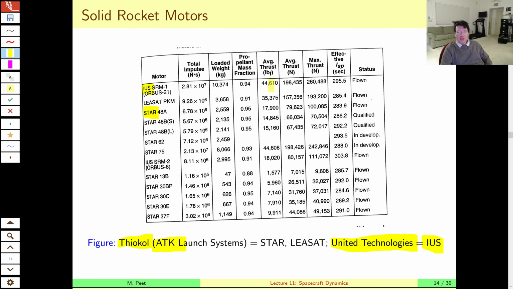Let's see, what can we point out here? The specific impulses are all about the same, between 280 and 300 typically. That's just because of the propellants. You can't do much better than that. The numbers here are mostly indicated by the size of the rocket itself, so the loaded weight. Bigger rockets, smaller rockets, producing larger thrusts, smaller thrusts.